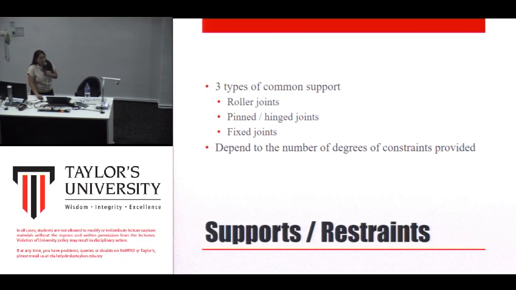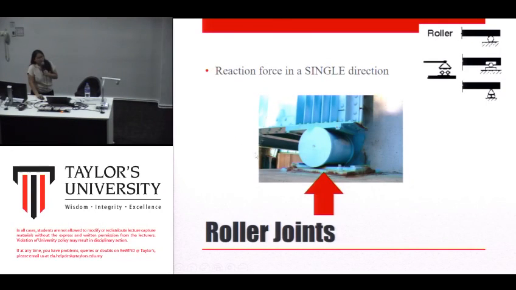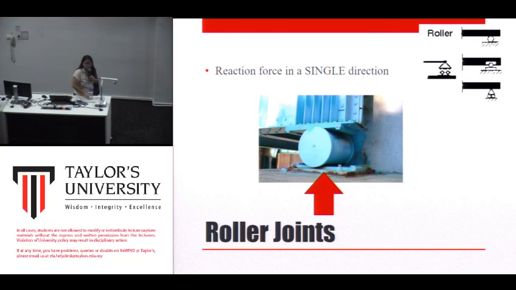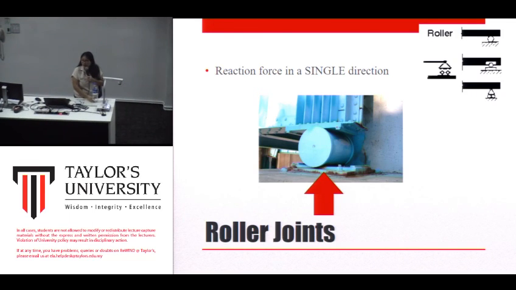So let's look at the first one, roller joint. Reaction force in a single direction. You look at this structure, you will notice that this support allows the structure to move left and right. Am I correct? There's a roller. That's why it can move left and right. When the movement is allowed, meaning there is nothing to tie it back.